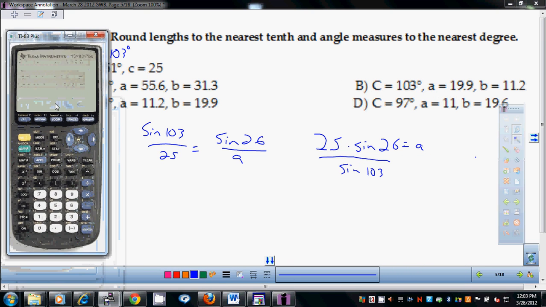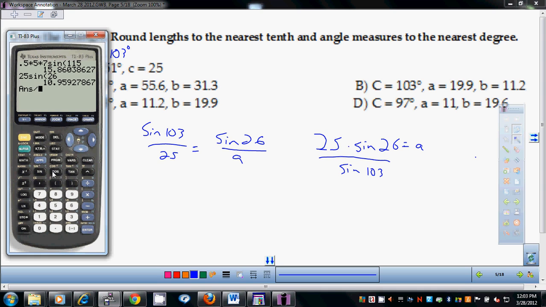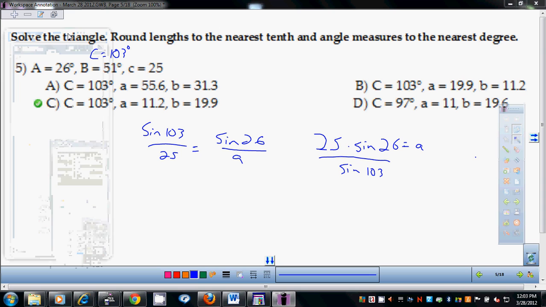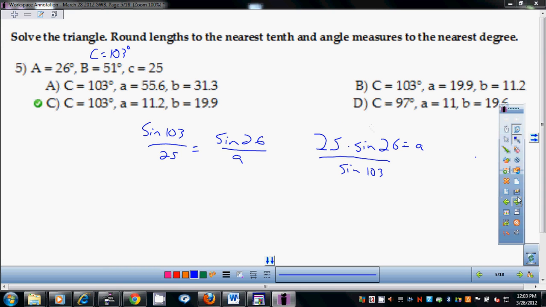So, 25 times sine 26. You should still be in degree mode. And then divide that by sine 103, 11.2. We good? All right. Good. Impressive thinking.